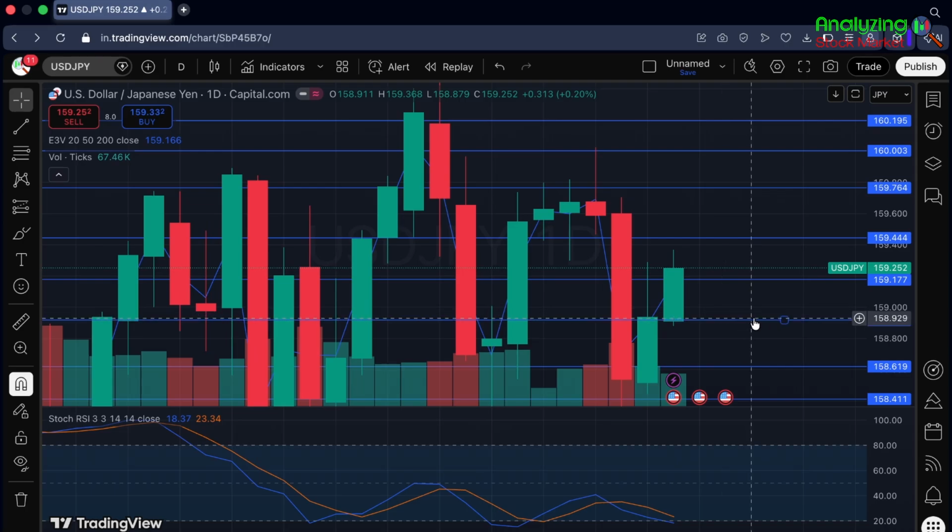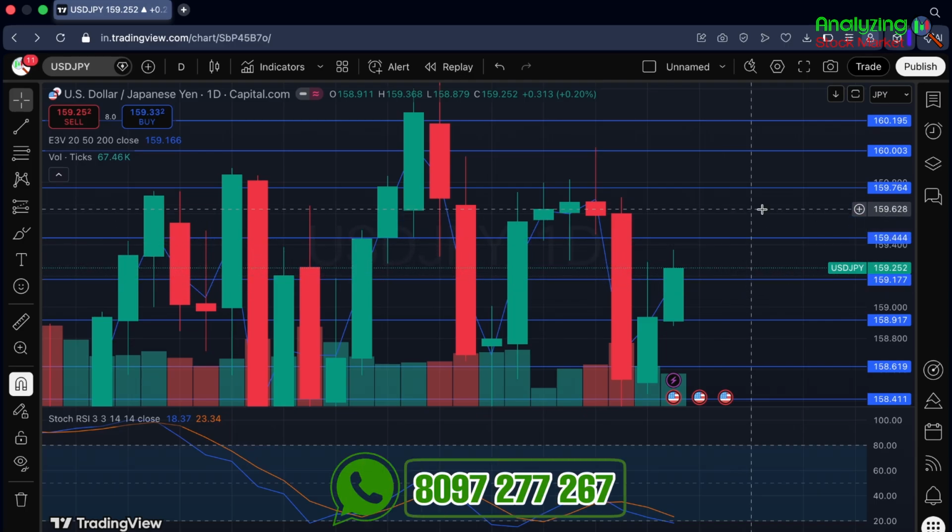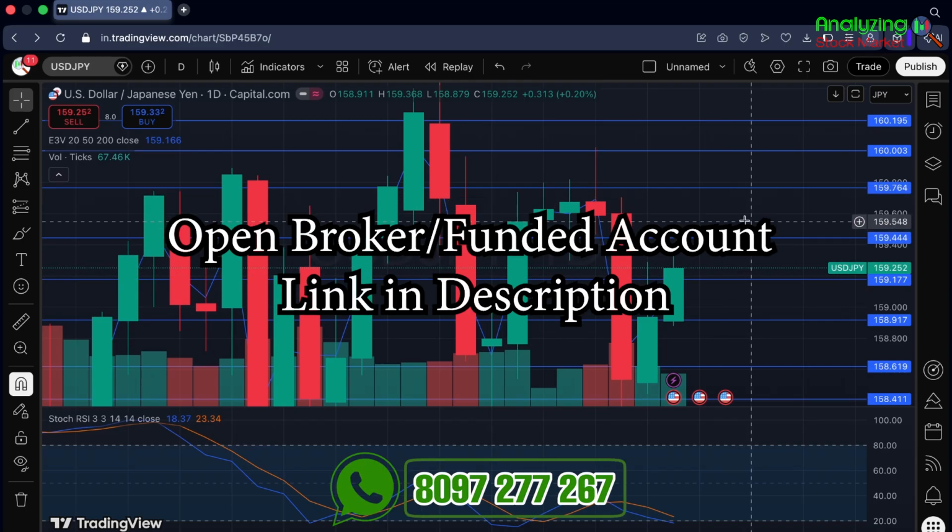Even if this gets breached, then you can go for a short till the next level as well. Overall, my expectation is a bit positive, but we'll take a trade once a confirmation is made, whether it's for short or for long. Overall, my expectation is a bit positive in this range.